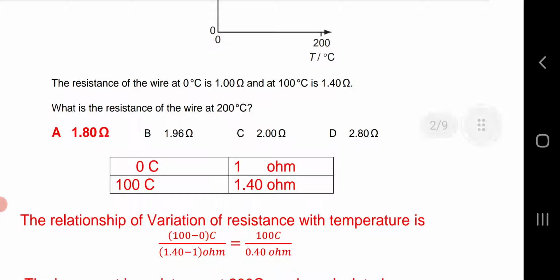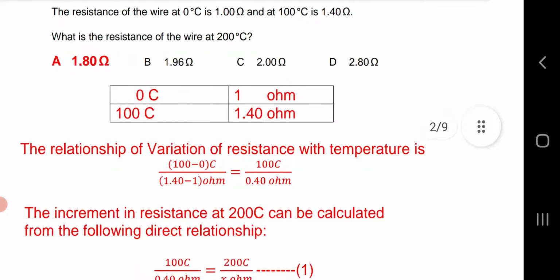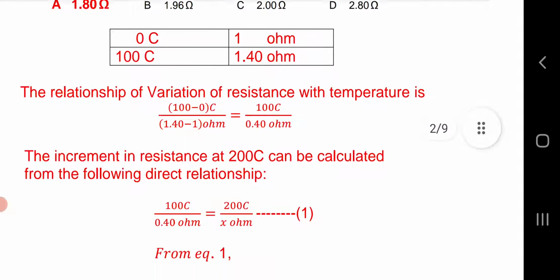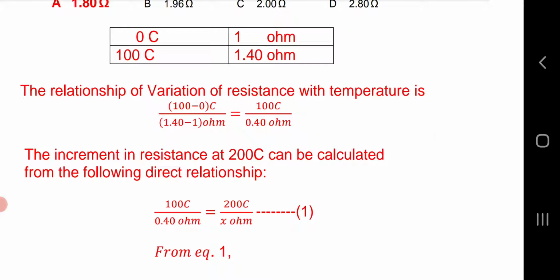So we can find the relationship of variation of resistance with temperature as follows. 100 minus 0 over 1.40 minus 1 is equal to 100 degrees Celsius over 0.40 ohm. Next, the increment in resistance at 200 degrees Celsius can be calculated from the following direct relationship.